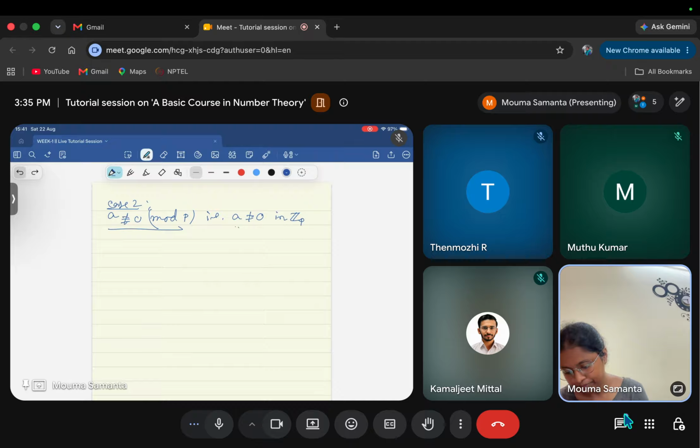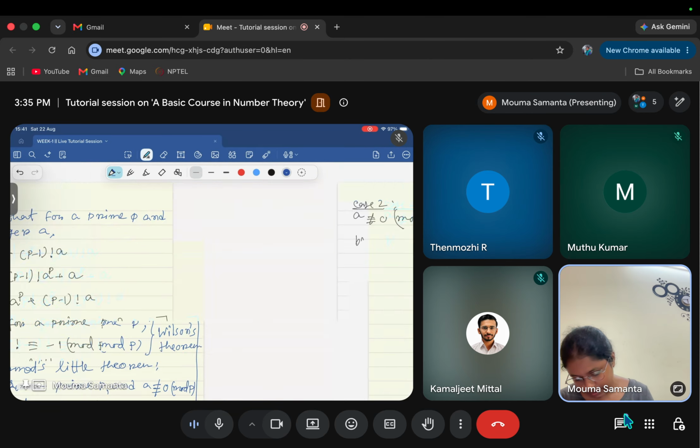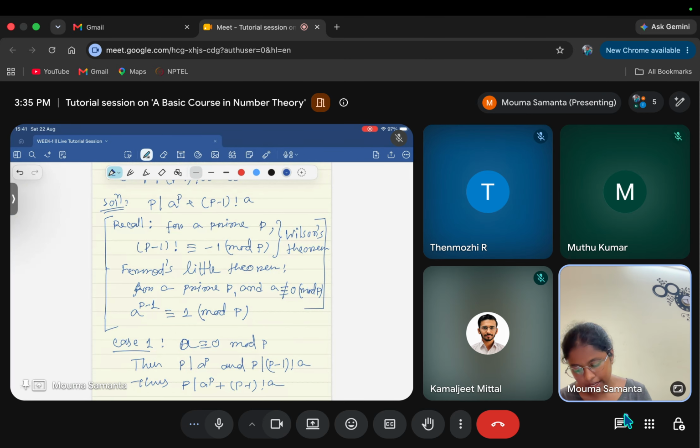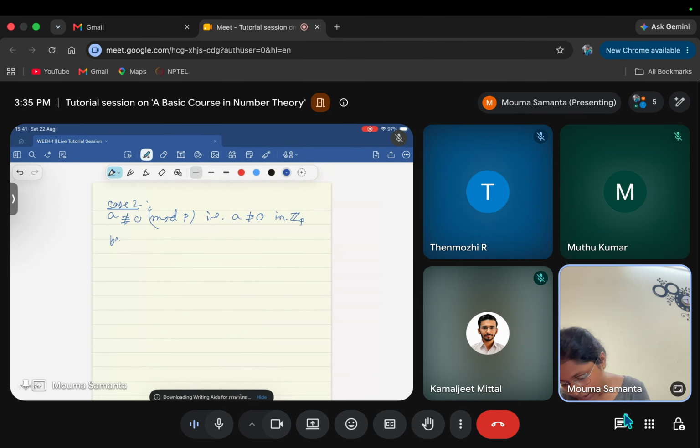By Fermat's little theorem, a power p minus 1 is congruent to 1 mod p.